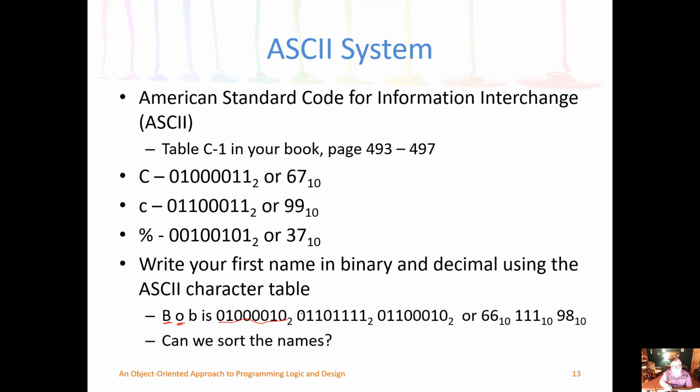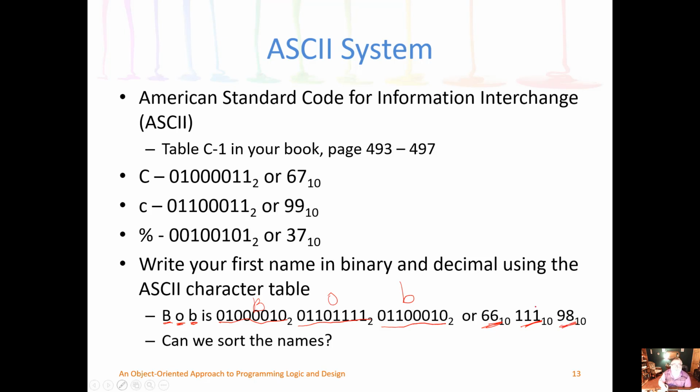Small o is 01101111 in binary. Small b is 01100010 in binary. This is a capital B, this is a small o, and this is a small b. And it's equivalent to 66 decimal, 111 decimal, and 98 decimal.